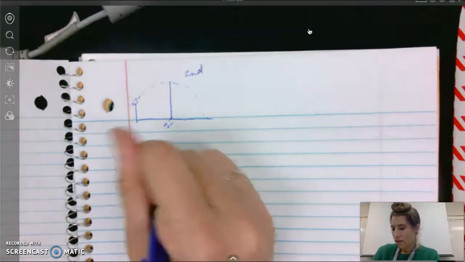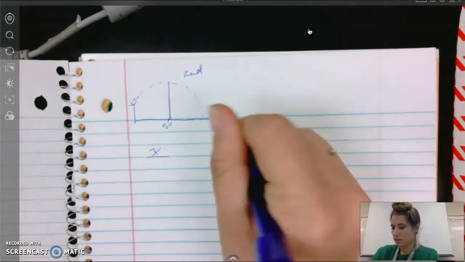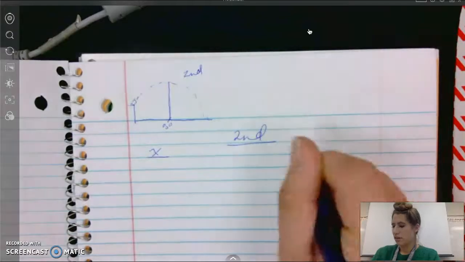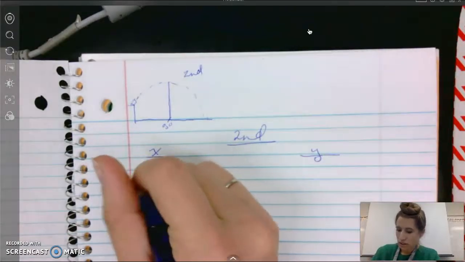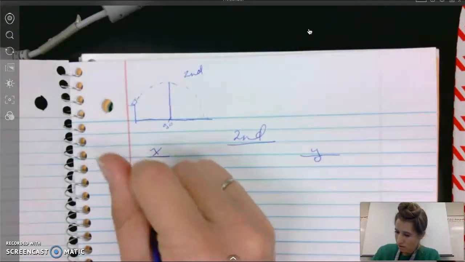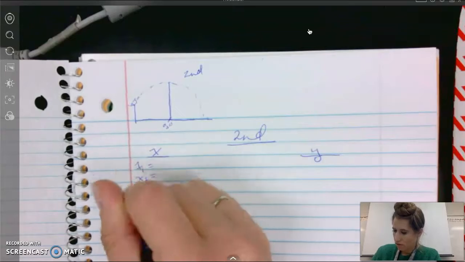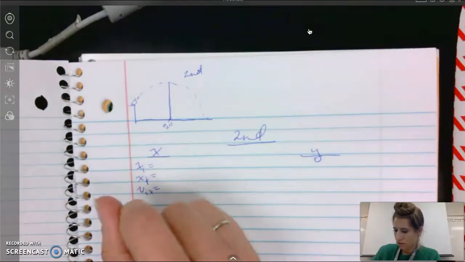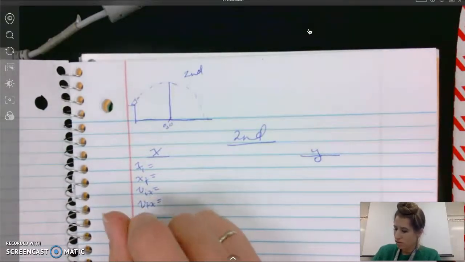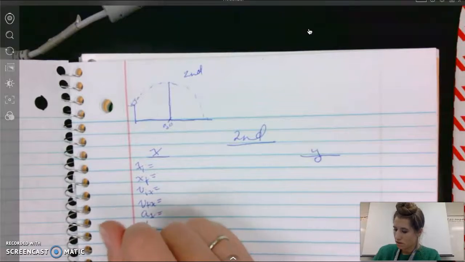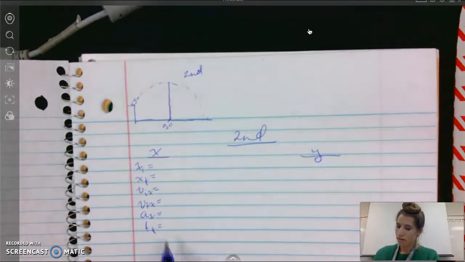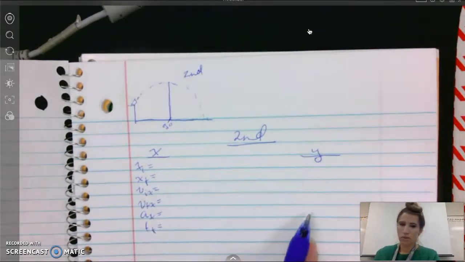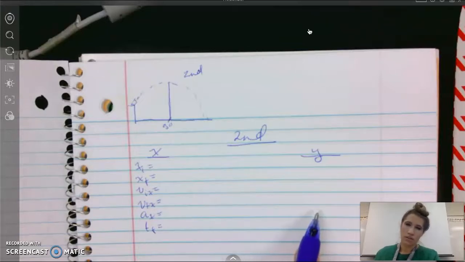We have x components and we have y components, and this is all for the second half here. So x initial, y initial, all those things. Now what I want you to do is, for both the x and the y, go through and see how much of this you can fill out. So hit pause, fill it out, and then come back and see how you did.